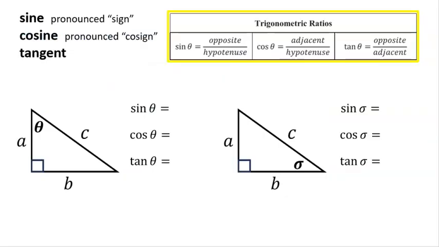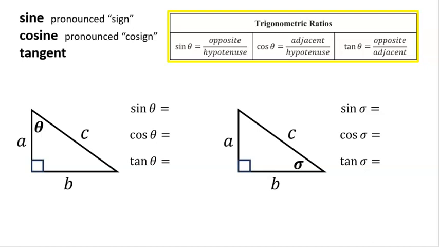In geometry, we are going to be using our three basic trig ratios: sine, cosine, and tangent. In later maths, you'll be learning more about cosecant, secant, and cotangent, but for now we're just going to stick with the basics.